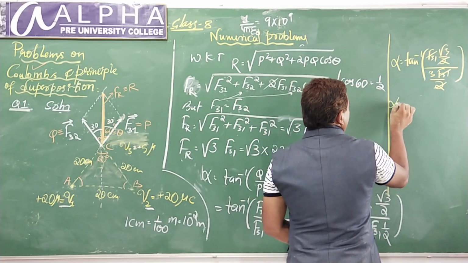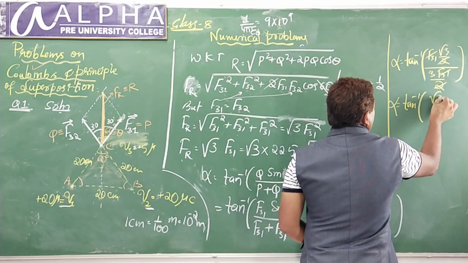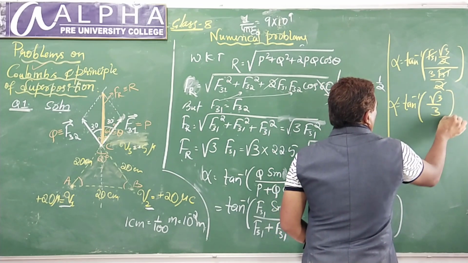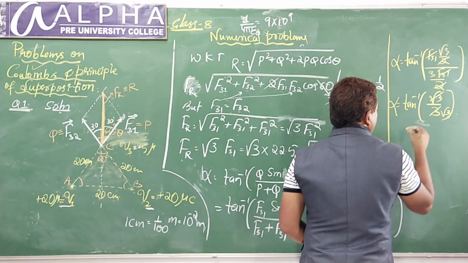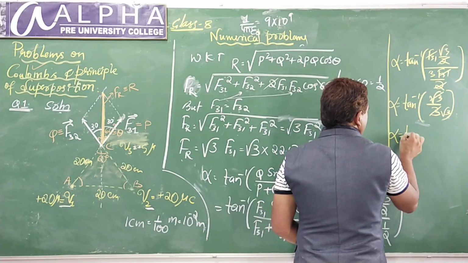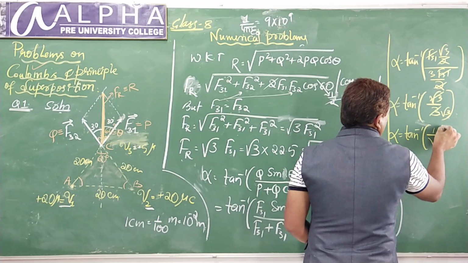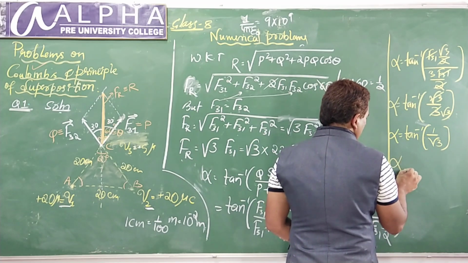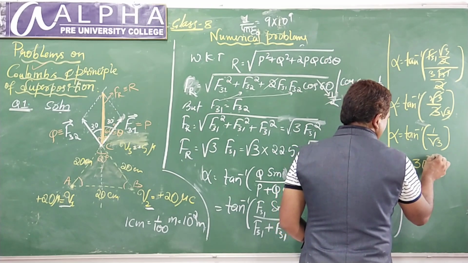You are left finally with tan inverse of root 3 divided by 3. What is root 3 by 3? Root 3 by 3 is 1 by root 3. So the value of alpha equals tan inverse 1 by root 3. What is tan inverse 1 by root 3? Yes, you have learned in mathematics, that is 30 degree.